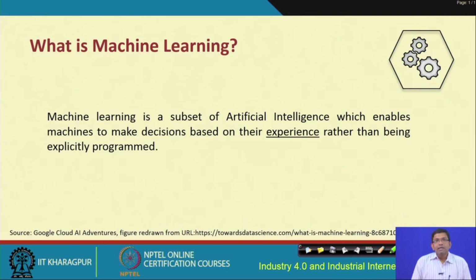So, machine learning is nothing but a subset of artificial intelligence. Artificial intelligence is a branch of computer science which talks about how to imitate some of the natural intelligence that is there and create an artificial scenario of intelligence with the help of different computational devices, with the help of different software and so on.